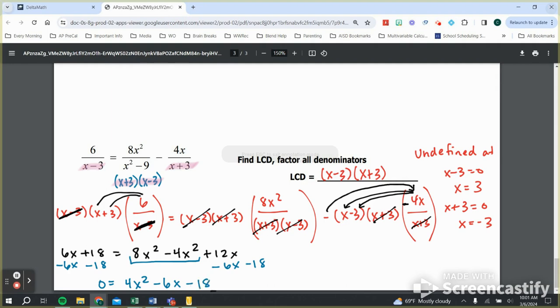All right, so I can see that we can divide everything by 2 here. So I'm going to rewrite this as 0 equals 2x squared minus 3x minus 9. And now this is going to become a little bit easier to factor.